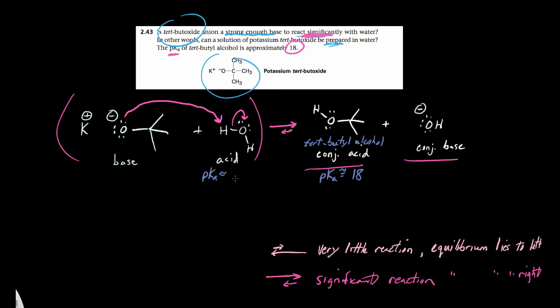You can tell I haven't memorized my pKa's to the first decimal place, but let's just call it 15.7. It's closer than 16. All right, so the question is, how does this equilibrium lie? Is it here or here, given these two pKa's?